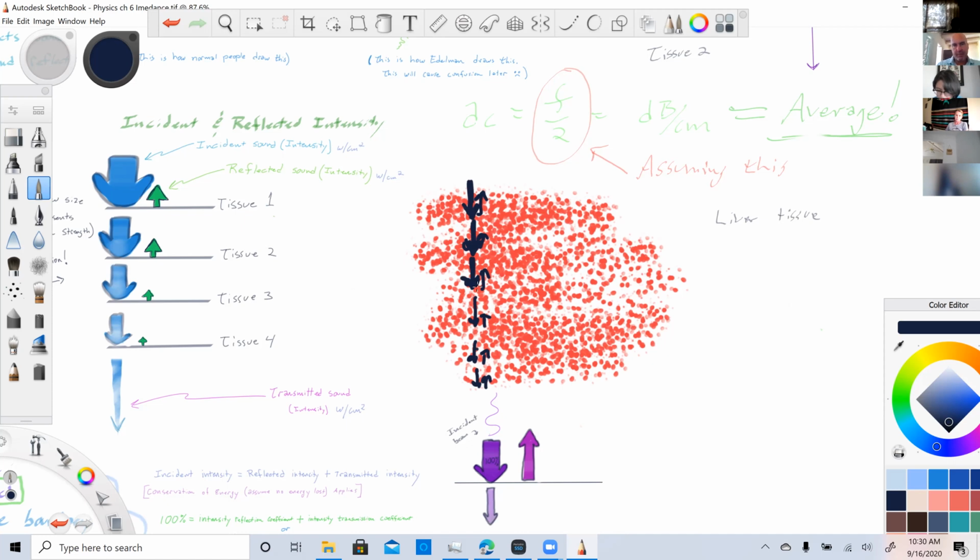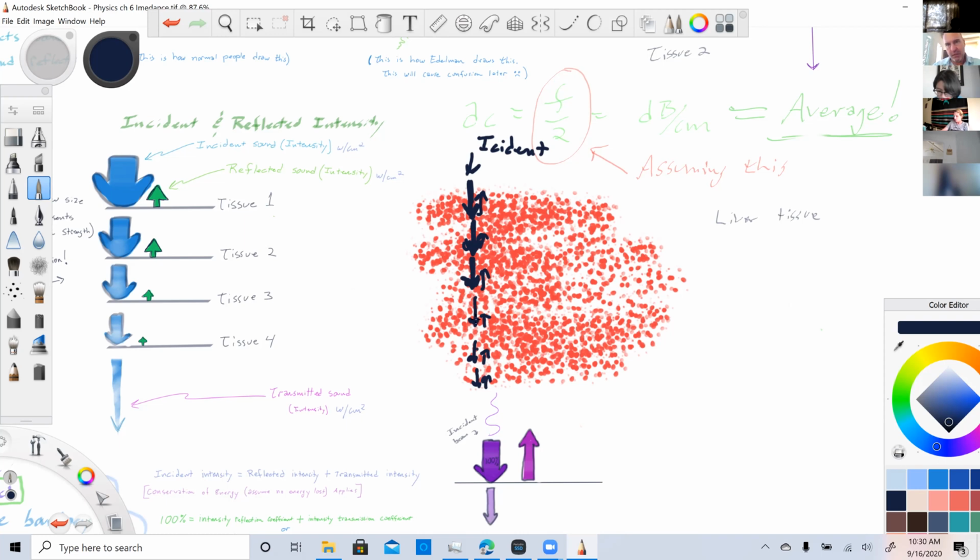Basically, we have our incident sound beam going in, and then all the echoes coming out. This happens as this goes along. They get weaker and weaker and weaker.